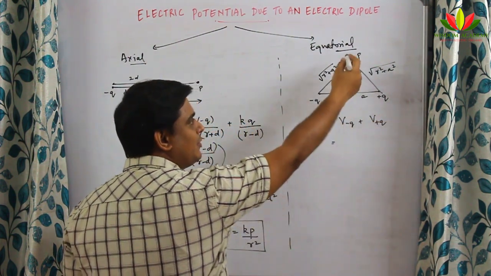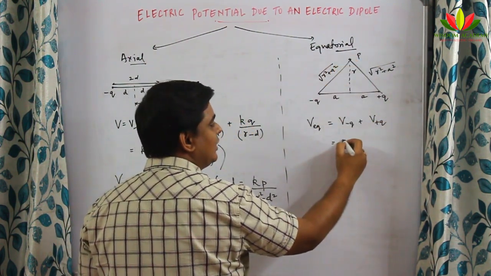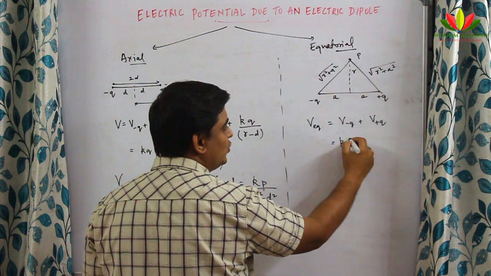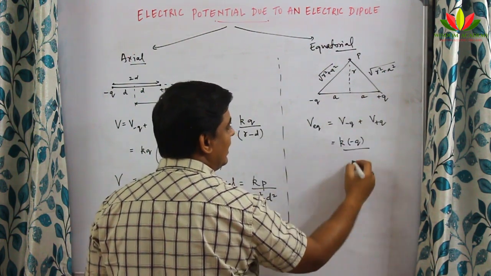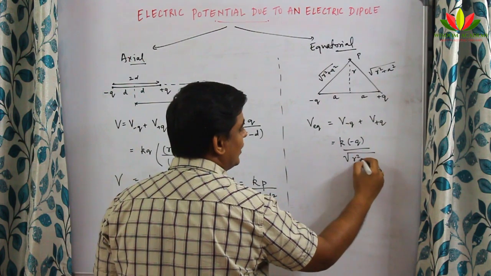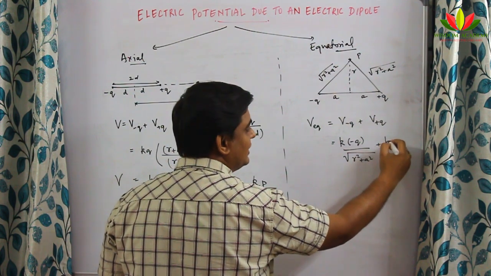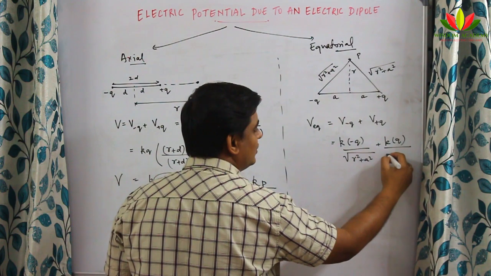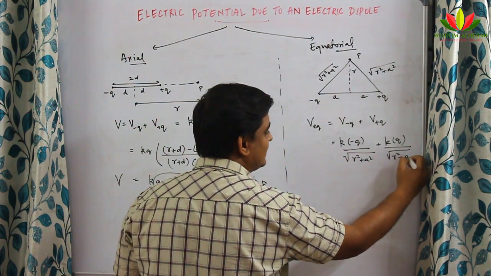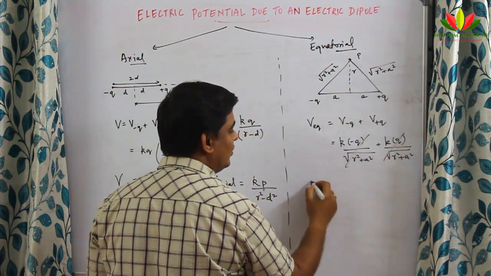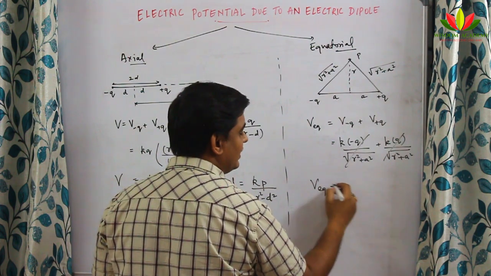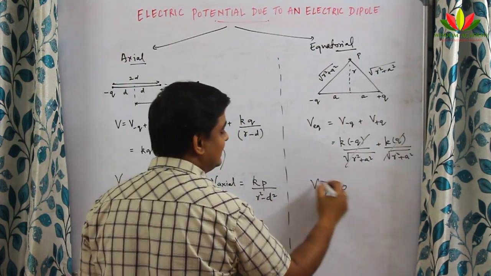V due to minus q at this point is k into minus q by root over r square plus d square, and this will be k into plus q by root over r square plus d square. Both get cancelled out, and we get V at the equatorial point as 0.